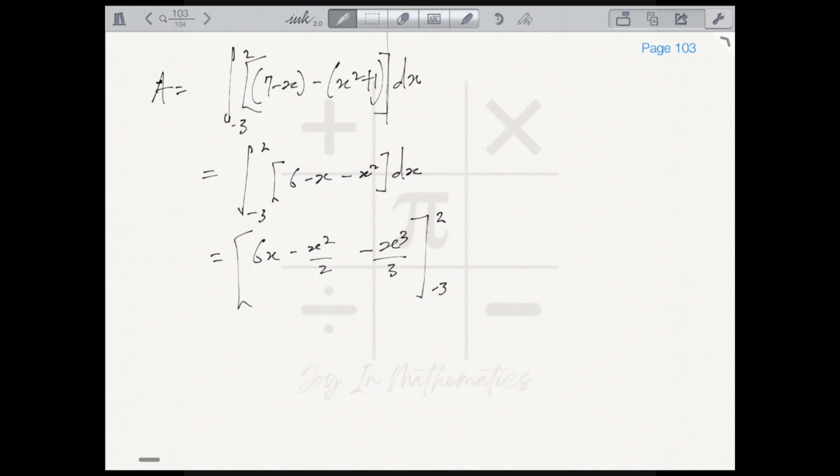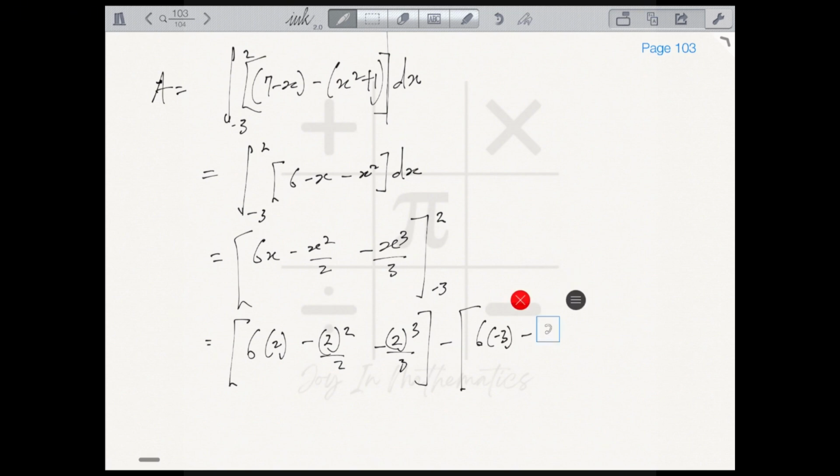So we substitute our upper and lower limits. This gives us 6 into 2 minus 2 squared over 2 minus 2 raised to power 3 over 3. And we subtract the lower limit: 6 into minus 3 minus minus 3 squared over 2 minus minus 3 cubed over 3.